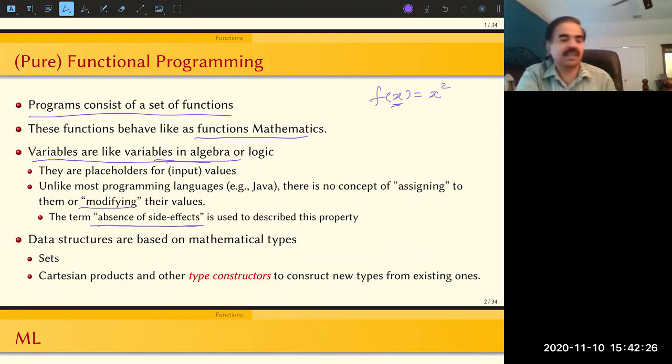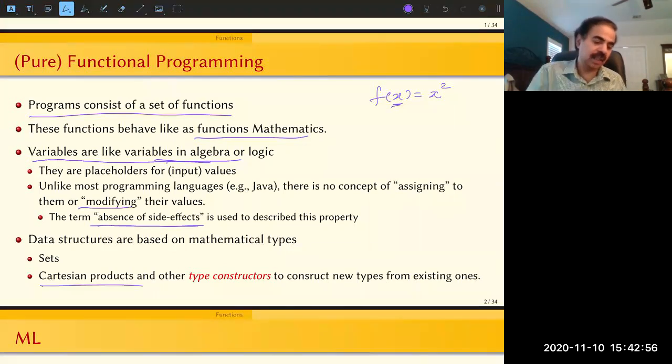You don't necessarily have to understand what exactly this means at this point, but I just want you to be aware of this terminology in case you come across it, or someone tells you, hey, what about side effects? You have some idea what that term might mean. And in a functional language, the data structures are going to be based on sets and operations on sets that we have discussed before, such as Cartesian products and so on.